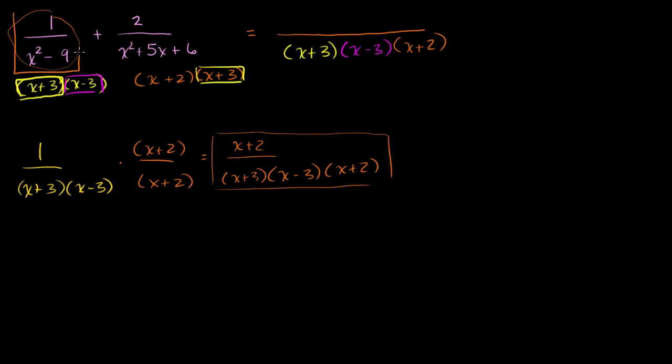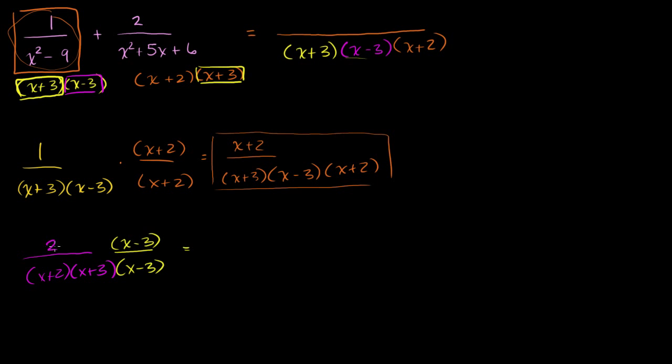The second term is 2 over x plus 2 times x plus 3, in its original form. Now, if we want an x minus 3 in the denominator, we can multiply by x minus 3 over x minus 3, or essentially multiply the numerator by x minus 3.